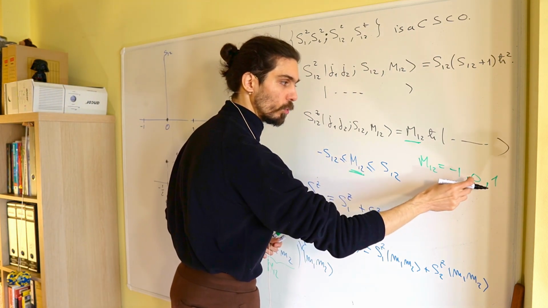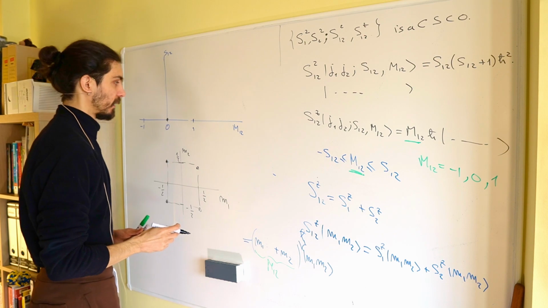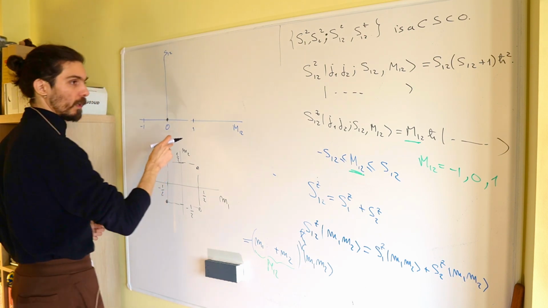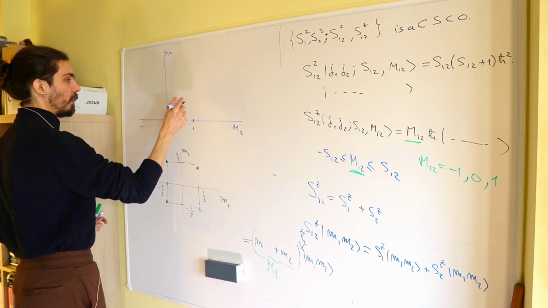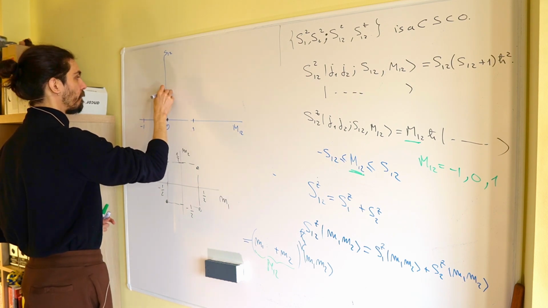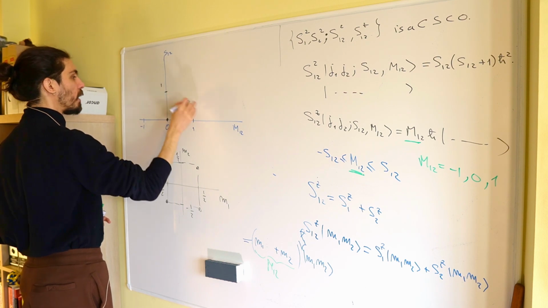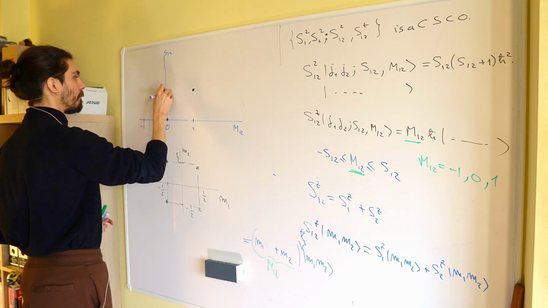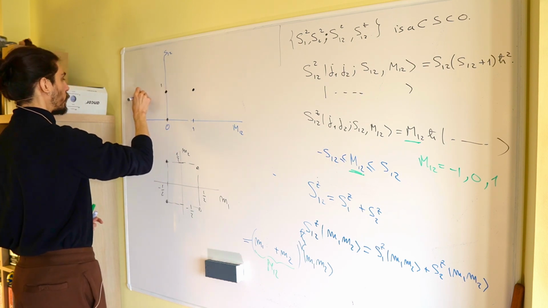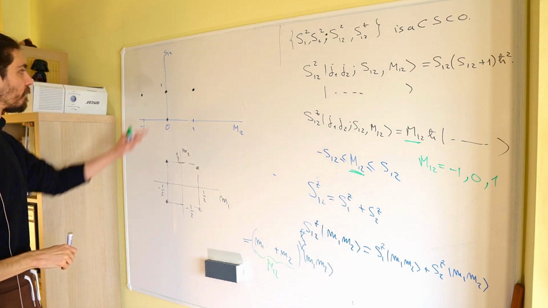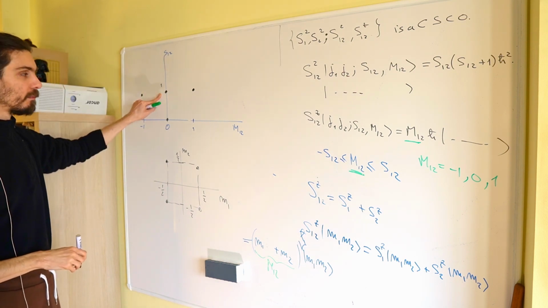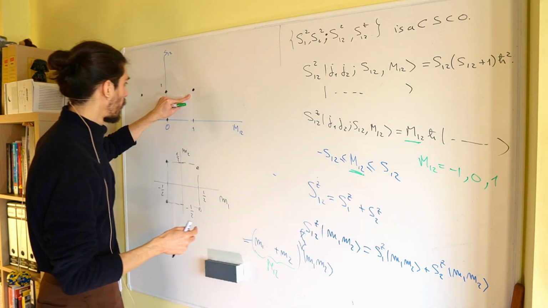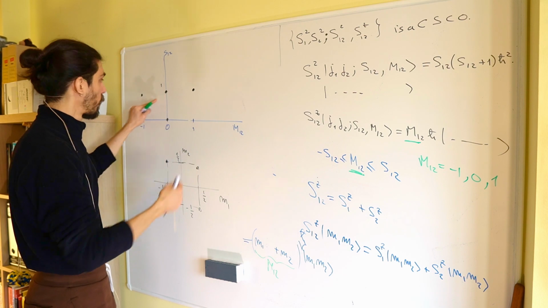If M12 is equal to 1, for example, let me just write it. You can have S12 equal to 1 as well, here. Can you see? So all these three dots, with S12 equal to 1, guarantee this thing here, whether it's 1, 0 again, or minus 1.